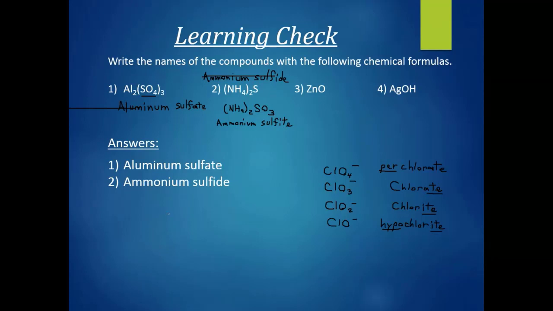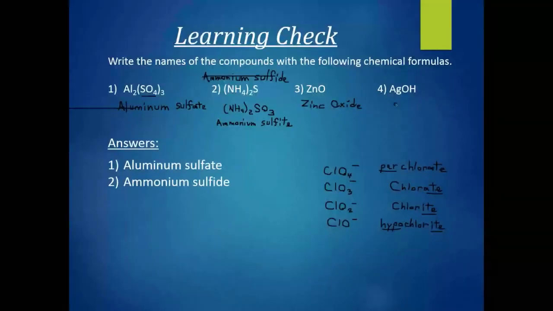And what about the ZnO? Zinc oxide. Yep. No Roman numeral, right? No Roman numeral because it is one of those magic staircase elements. Zinc oxide. What about AgOH? Silver oxide.